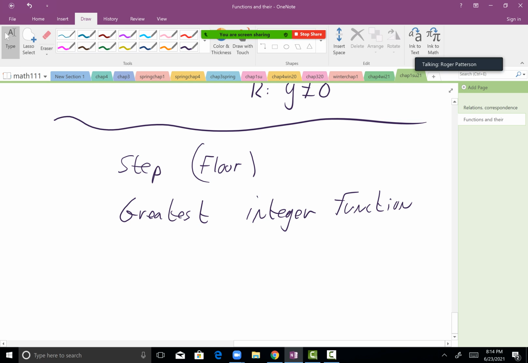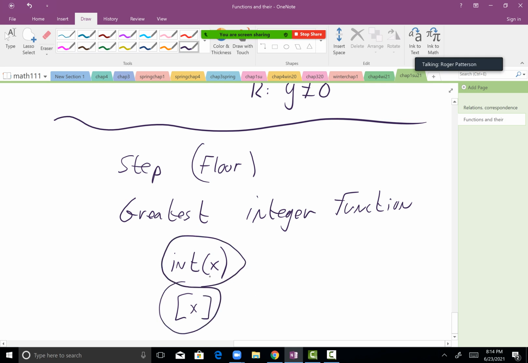And it's symbolized using int of x, which stands for greatest integer. I've also seen bars used for that. I've seen this type of notation, so it could be either one of these that they use for the greatest integer function.